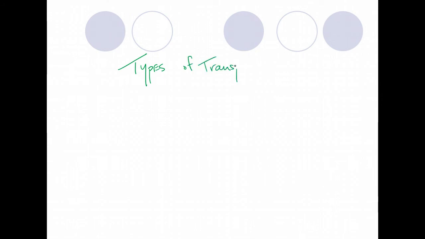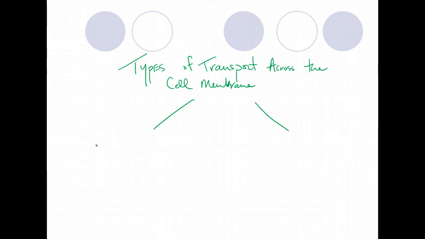And what we're thinking about with transport is really of how things get across cell membranes. But there are several types of transport. I'm going to go ahead and add that across the cell membrane. Now, note that I'm not writing this for myself. I'm writing this for you, so I want you to copy this down. So, there are two major types.